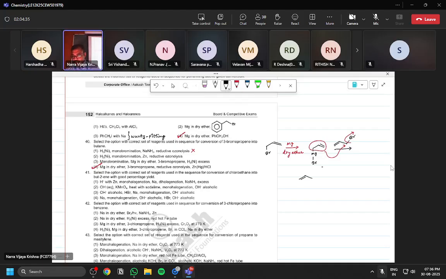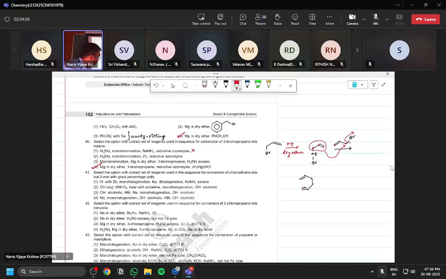On that again, carbons 1, 2, 3. I should get this as the product. Here 1, 2, 3 carbons, here also 1, 2, 3 carbons. Totally 6 carbons, 1, 2, 3, 4, 5, 6. I got a 6-carbon product.